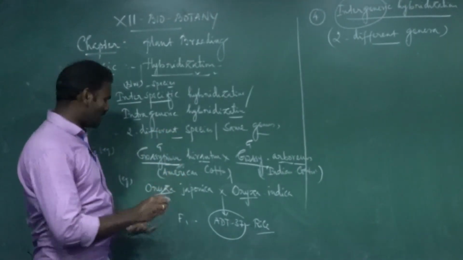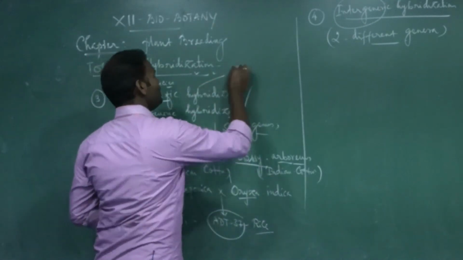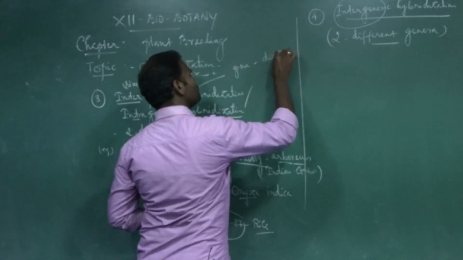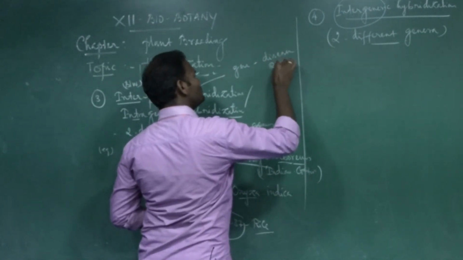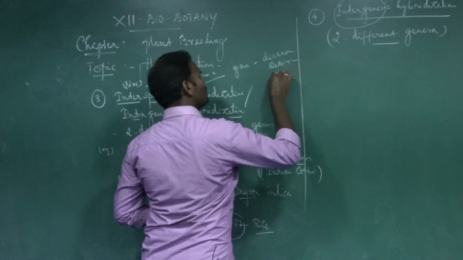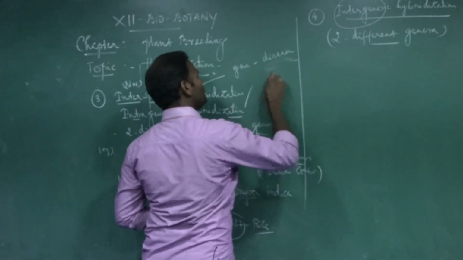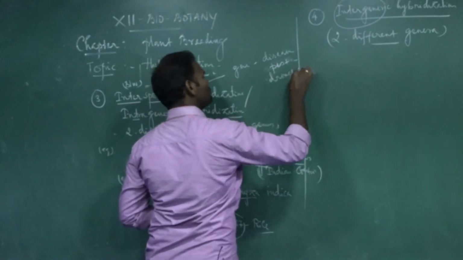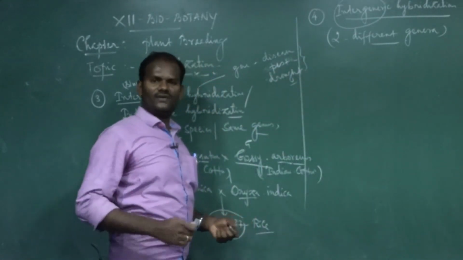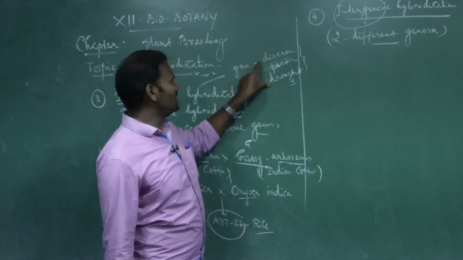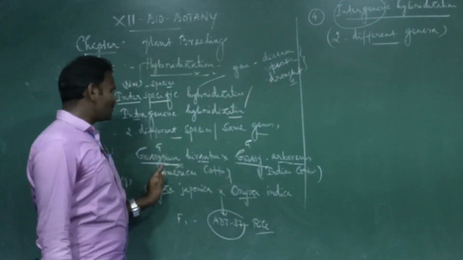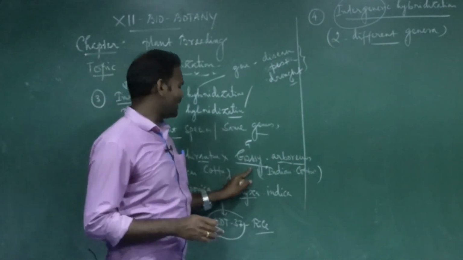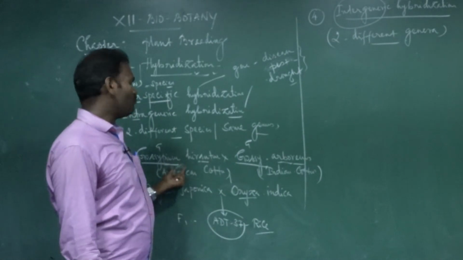It is useful for the transfer of genes responsible for disease resistance, pest resistance, drought resistance, and good adaptation. Such genes are transferred from one plant to another plant.